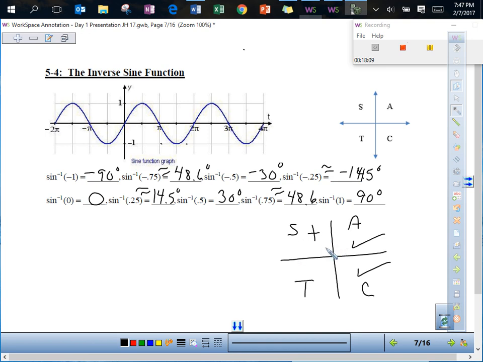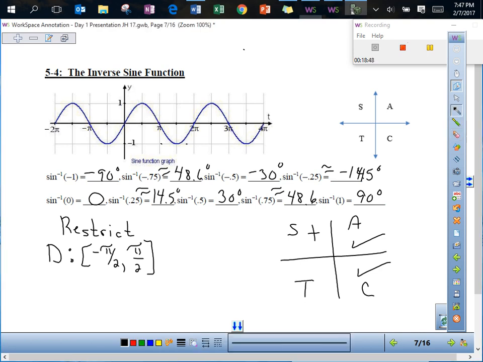So on the sine function, here's what they're going to do to restrict the domain. My domain is going to be restricted from negative pi halves to pi halves. Look at my graph real fast. If I try to go 0 to pi, I failed the horizontal line test. Failed it miserably.